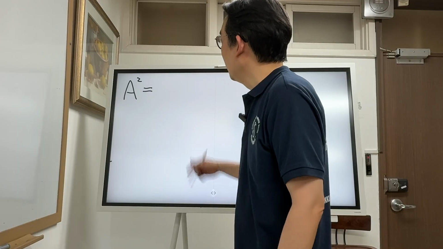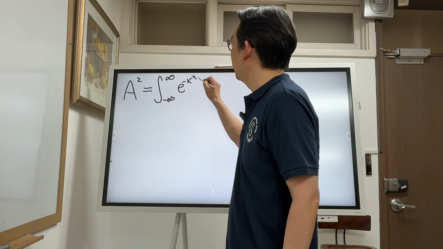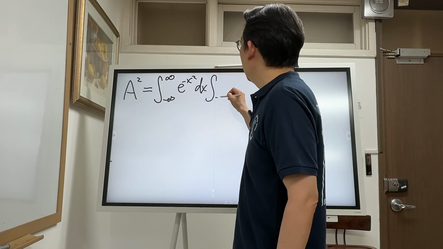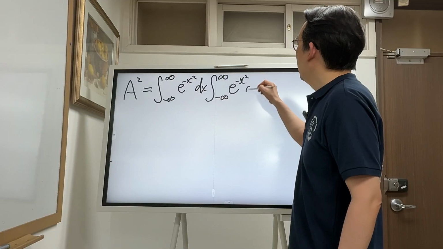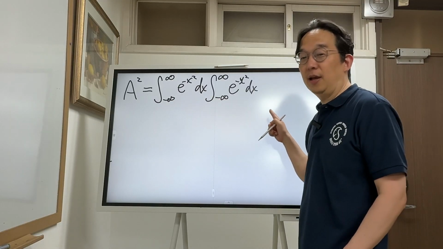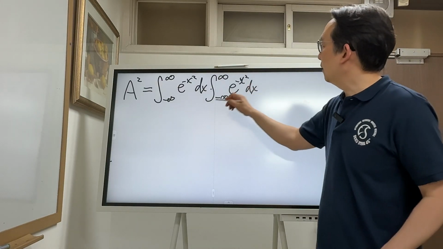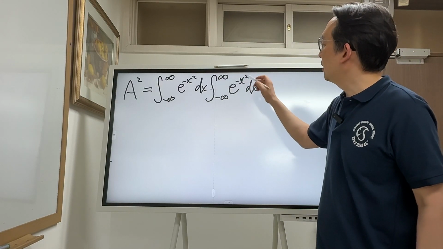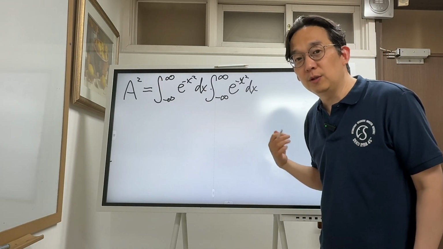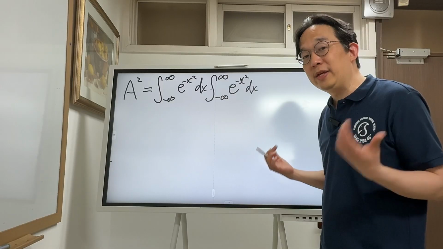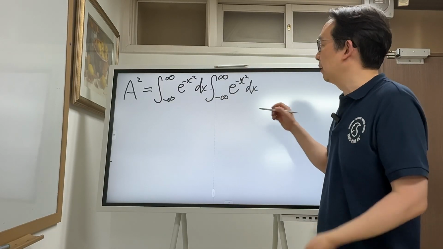So watch this. This one is the integral from minus infinity to plus infinity of e to the power of minus x squared dx, and the same thing again, e to the power of minus x squared dx. It's just a multiplication. Now we realize that in the second integration, the x is just a dummy variable for integration, so we can switch this x into any other letter like y.